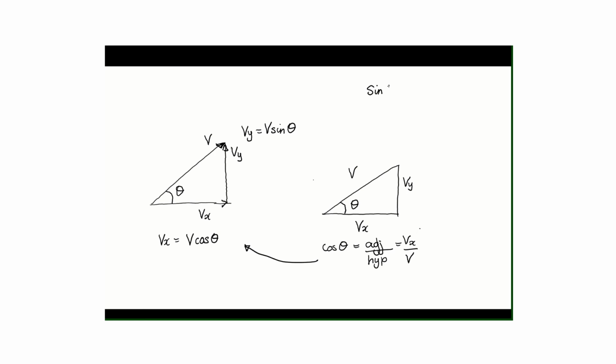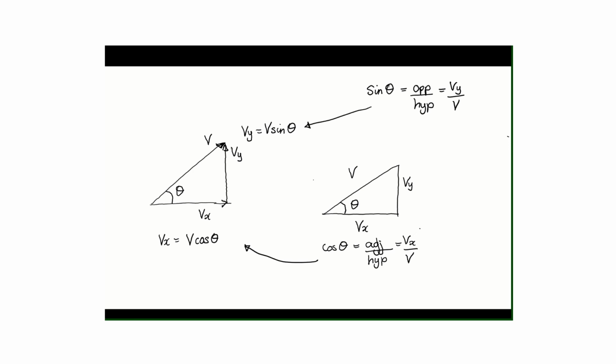Sine theta is opposite over hypotenuse, which gives us Vy over V, and will give us this equation.